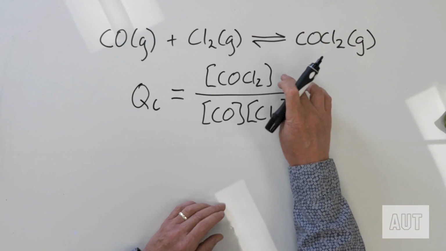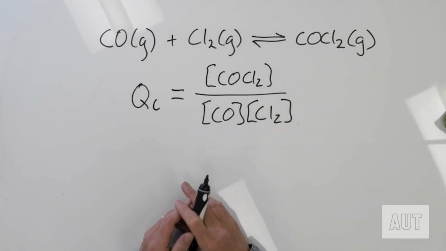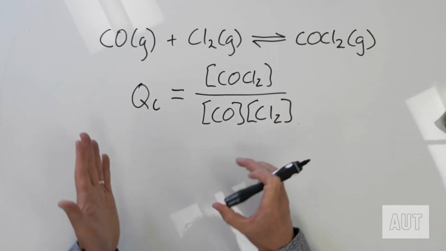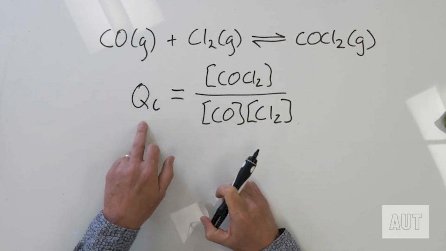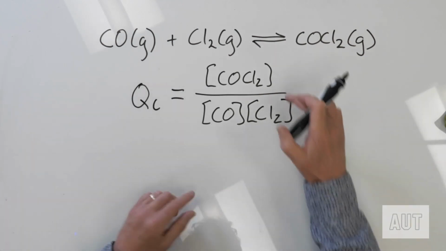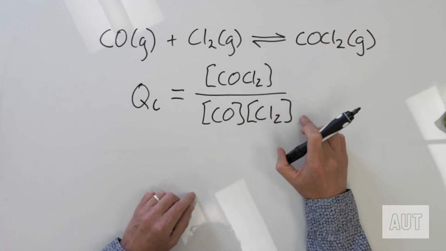Okay? So the expressions for Q and K look identical. The only difference between them is that K refers to equilibrium values, which means that at any temperature, K has only a single value. Q, on the other hand, can have essentially an infinite number of values because Q is a non-equilibrium situation. So the actual value of Q can range between 0 and infinity, depending on the relative sizes of the top and bottom line of your quotient.